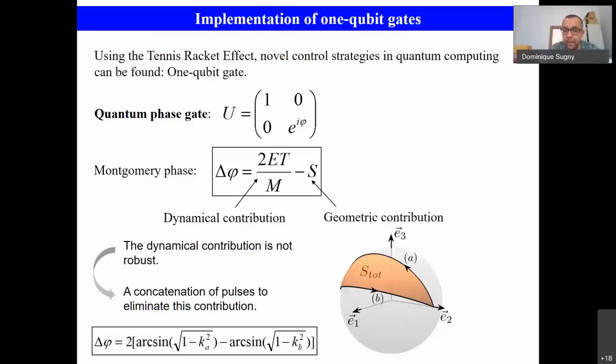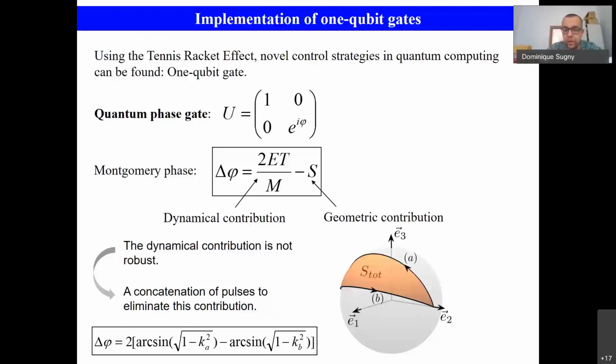Ka for the first trajectory, and kb for the second one. And after some algebra, we can show that delta phi, the geometric contribution of the area of this region, can be written as follows as a function of Ka and Kb. And we have to adjust the parameters Ka and Kb in order to eliminate the dynamical contribution.